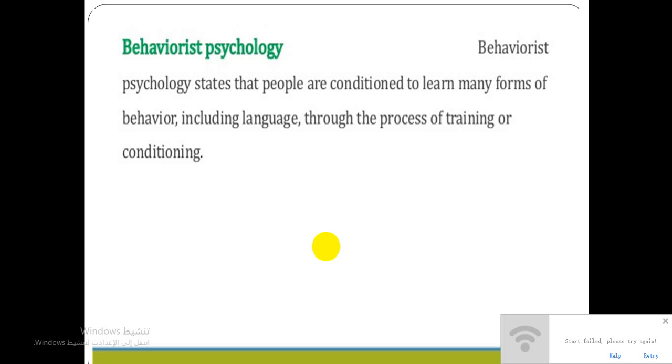Behaviorism, like structural linguistics, is an anti-mentalist, empirically based approach to the study of human behavior. So in this theory, people are conditioned to learn many forms of behavior, including language, through the process of training or conditioning.